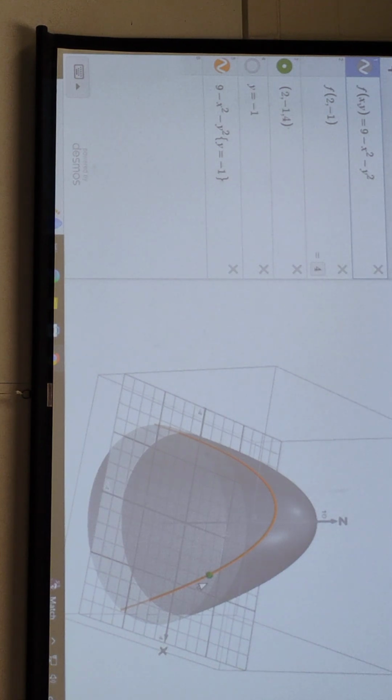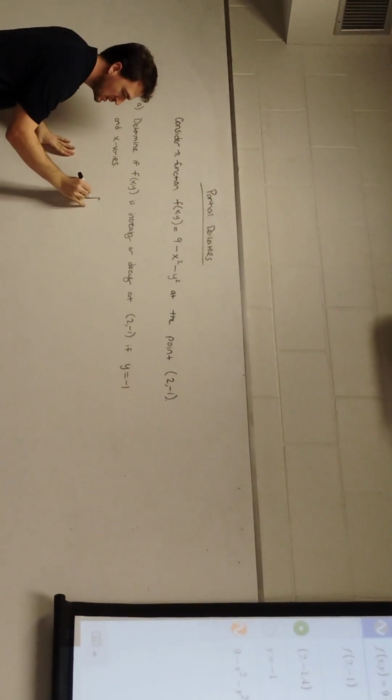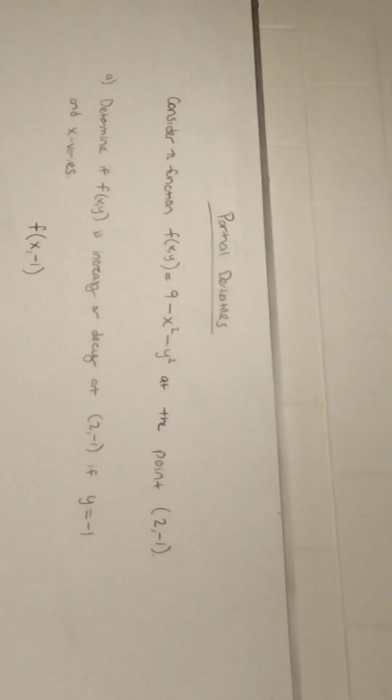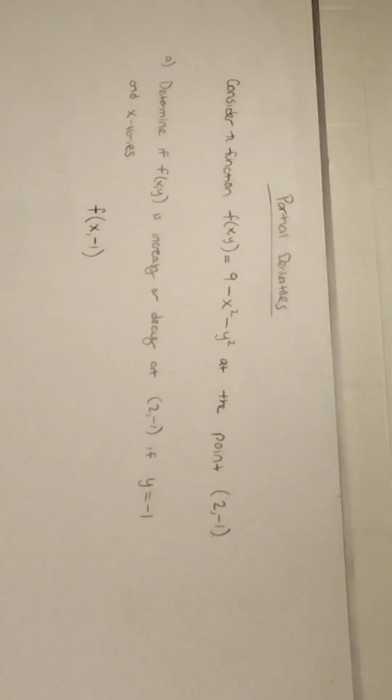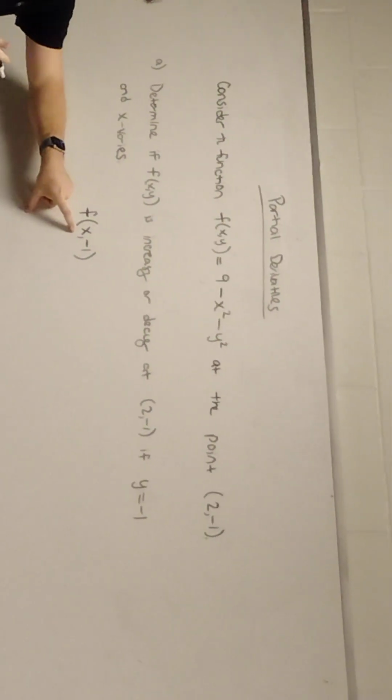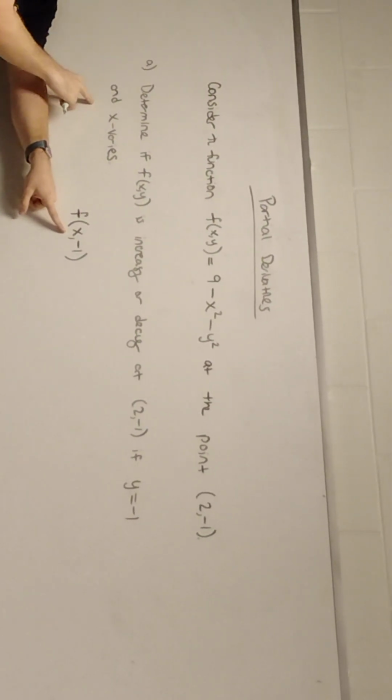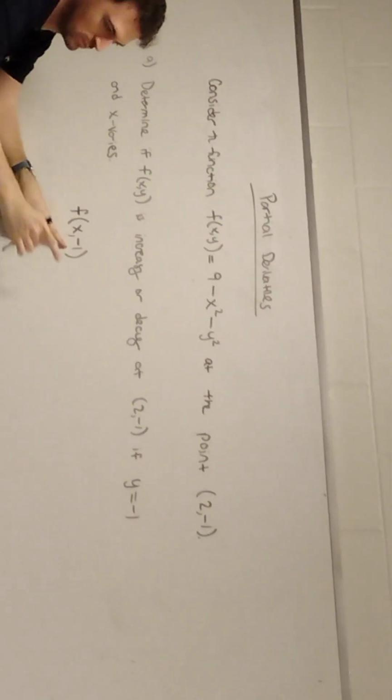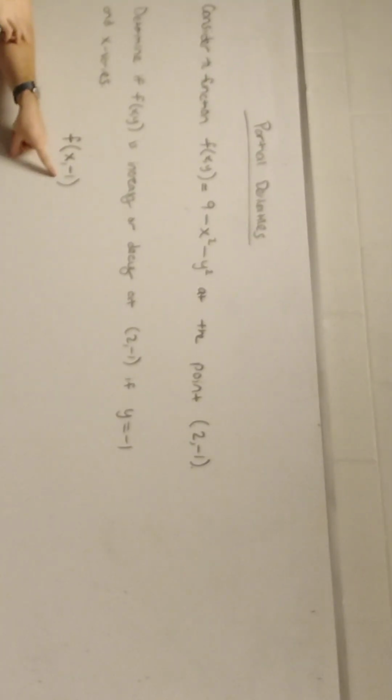So we're saying let y equal -1 and x varies. So we can use the notation f of x comma -1. This is now a function where the x can be anything. There's your x varies idea. But y is just -1.